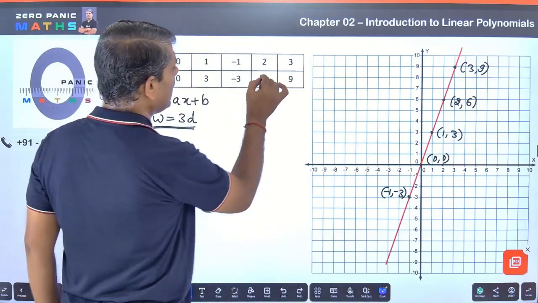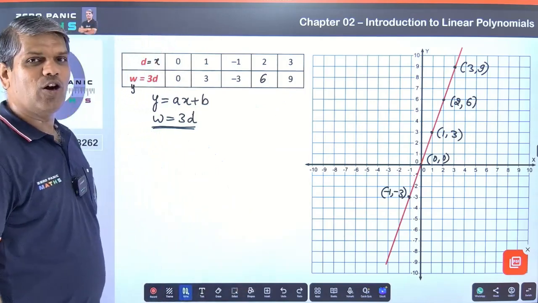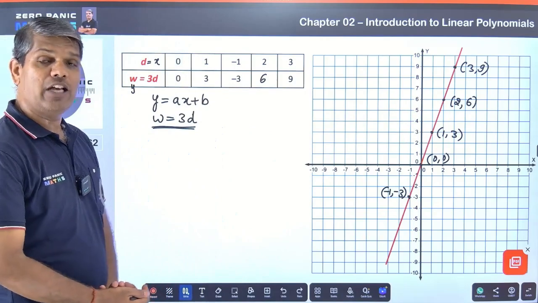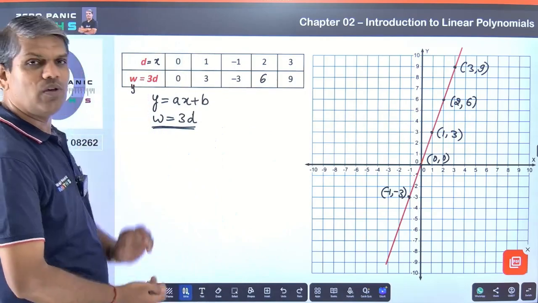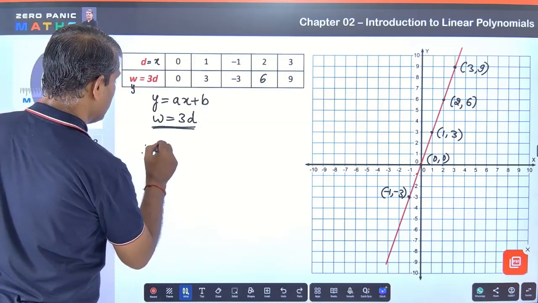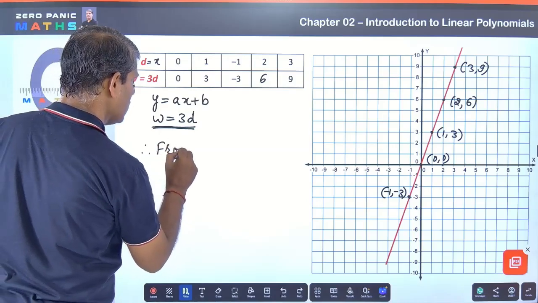Okay, so here graphically also you proved that for d value equal to 2, w is equal to 6 units. So that only you will write it from the graph also.